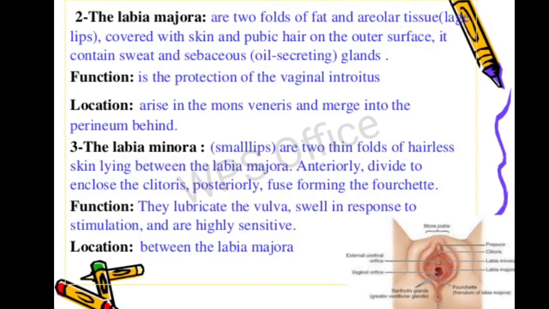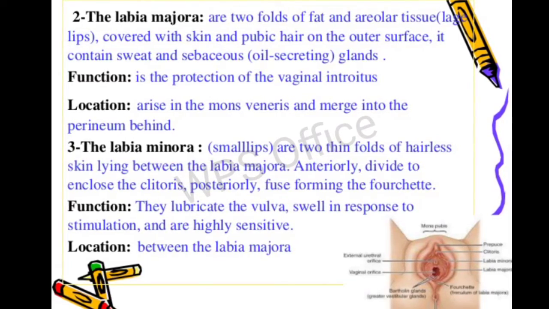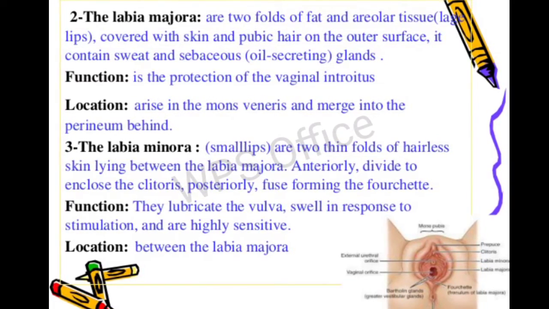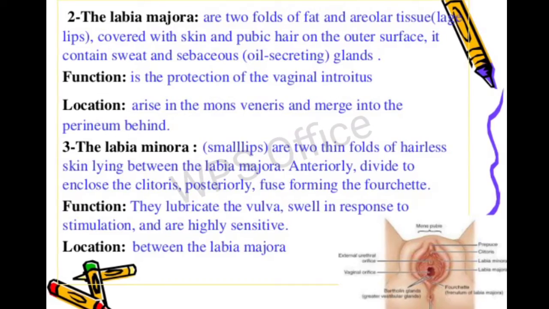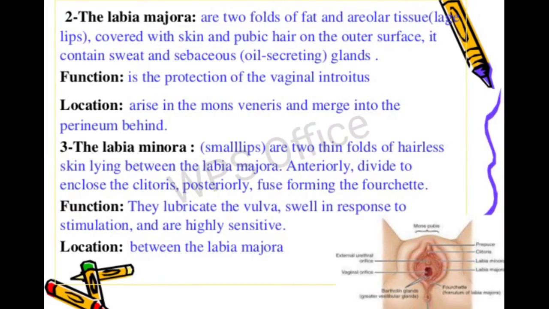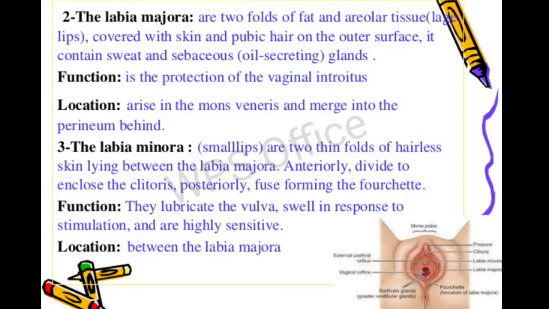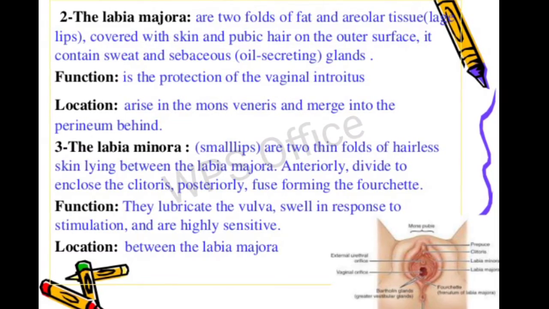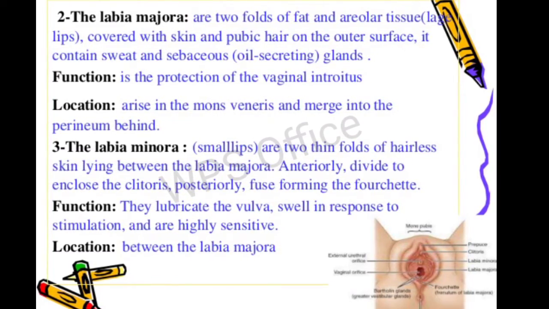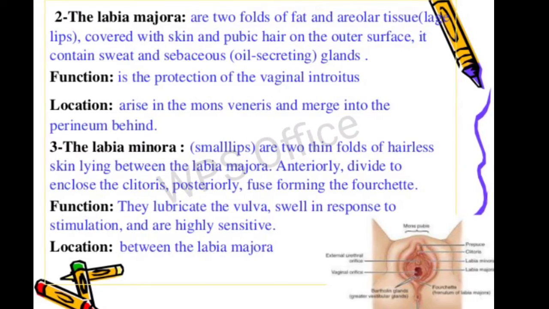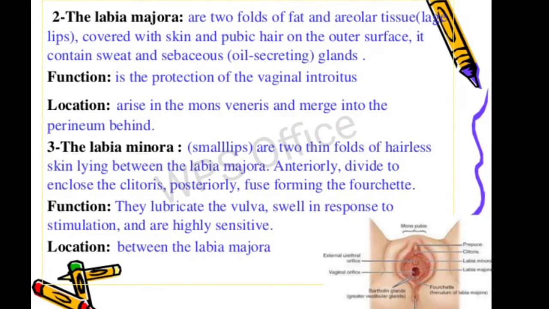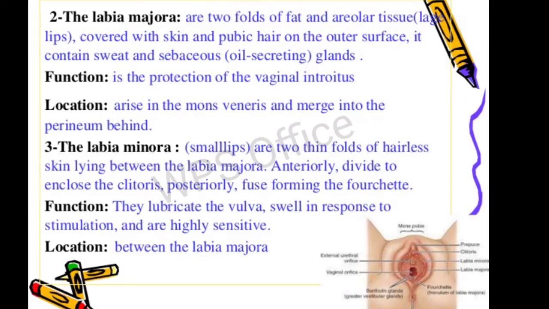Then next is the labia minora. They are smaller lips, two thin folds of hairless skin lying between the labia majora. Inner to the labia majora, anteriorly they divide to enclose the clitoris, and posteriorly they fuse, forming the fourchette.